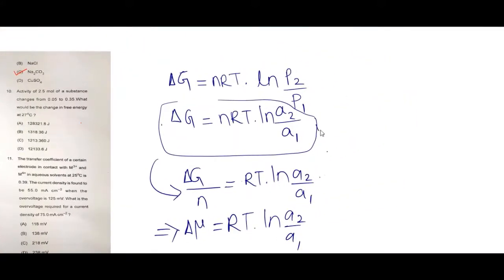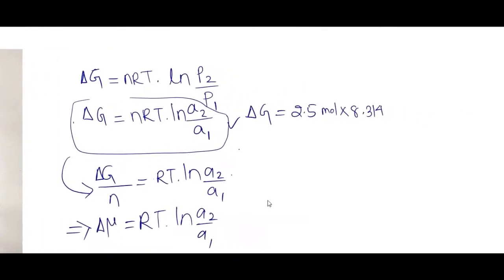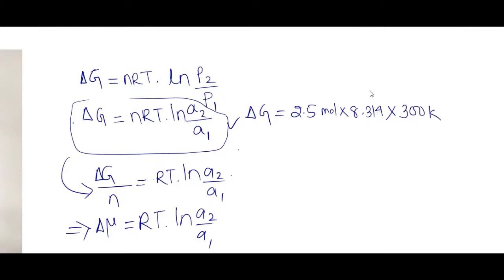Here we just need to put in the values. For question number 10, del G is equal to n, the number of moles, 2.5 moles, multiplied by 8.314, with unit joule per mole per Kelvin, then temperature 27 degrees Celsius, so 300 Kelvin, into ln A2 by A1.